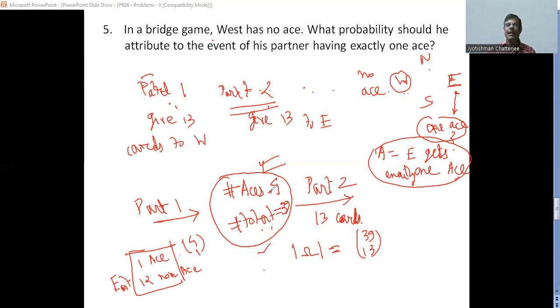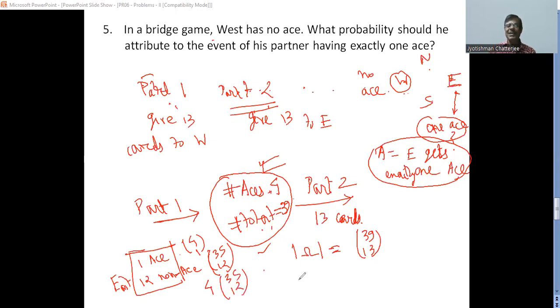Total 39, aces 4, so non-ace cards are 35. So 12 non-ace cards can be given in 35C12 ways.